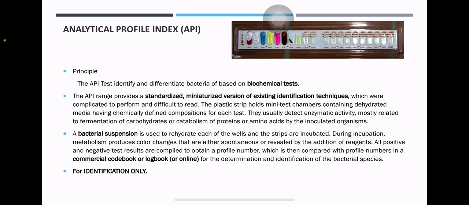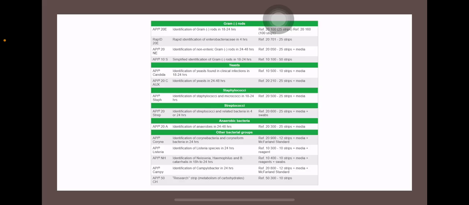Think of it like this: color changes result in a code, and that code results in an identification up to the species level. Your API can identify gram-negative rods, yeast, staphylococci, streptococci, anaerobic bacteria, and other bacterial groups.